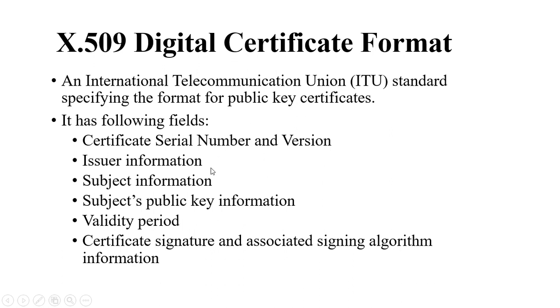It has these fields: serial number, which is unique within the CA, and there are 3 versions, and the issuer information, the person who is issuing the certificate, subject information to whom the certificate is given, and the subject's public key information, that is to which algorithm this key has been given, and the valid period of the certificate, not before this, not after that, and the certificate signature and the associated signature algorithm information.